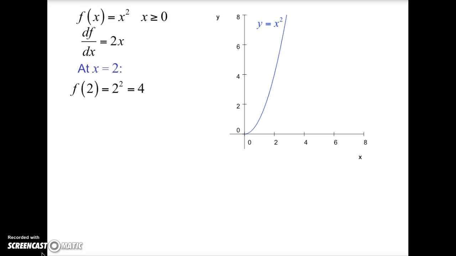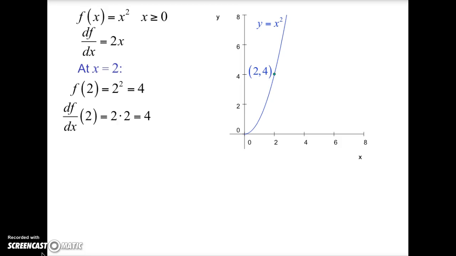If I'm interested at the place where x equals 2, then the y that goes with that is 2 squared, which is 4. So 2 comma 4 is a point on y equals x squared. And if I wanted to find the slope of the tangent line to x squared at the point 2 comma 4, I would find my derivative formula, which is 2x, and I would plug in 2 for x, and I'd get that the slope is equal to 4.